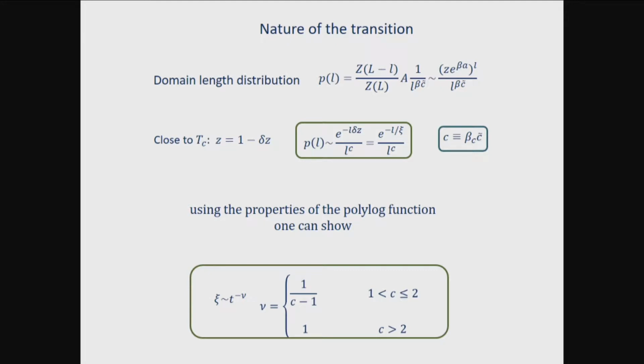So you get a power law divergence of the correlation length, and it's non-universal in a sense that it depends on this parameter c, and c is a parameter which depends on the critical temperature. So it's really non-universal. You can get anything you want in this model.